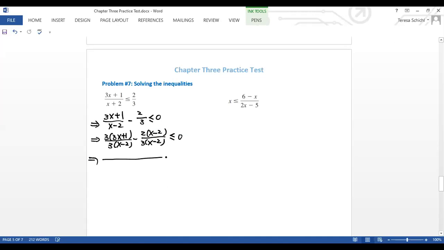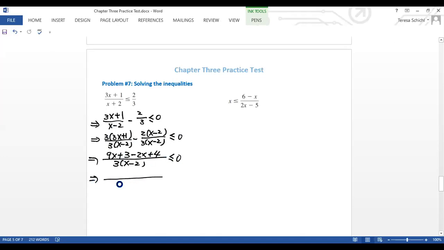Okay, now let's simplify. This is 9x plus 3. Be careful with the distributive property, you need to carry it through. Then the minus 2x, be careful, this minus sign needs to be carried to both terms. So it's minus 2x plus 4, less than or equal to 0.